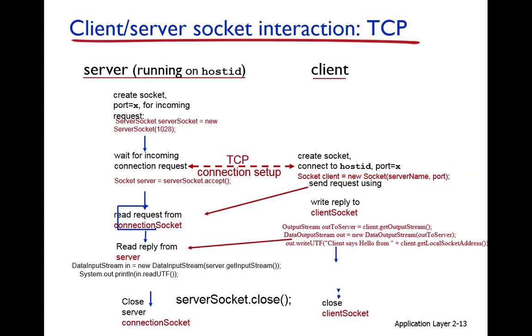Now, how does the client-server socket interaction happen in TCP? First, as we have discussed, the TCP server should be running on a host, and to create it we first have to create a socket, and that socket should have a port number.